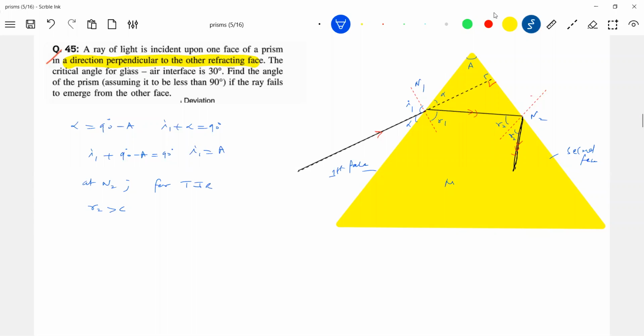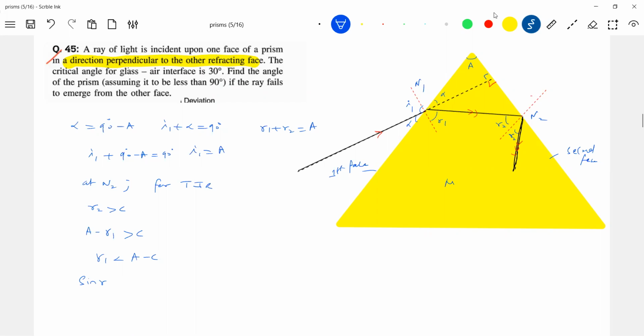We have one relationship, R1 plus R2 should be equal to A for the prism. So R2 I can write as A minus R1, greater than C. So R1 will be less than A minus C.